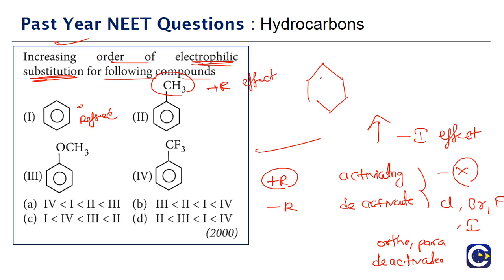So if you have the benzene, so we have a methyl group. So 3 hydrogens are bonded to methyl. So the bond electrons can be used for forming an additional bond with the carbon of the benzene, where the hydrogen will be left out without any bond. That is what we call the no bond resonance structures. That is the concept of hyperconjugation.